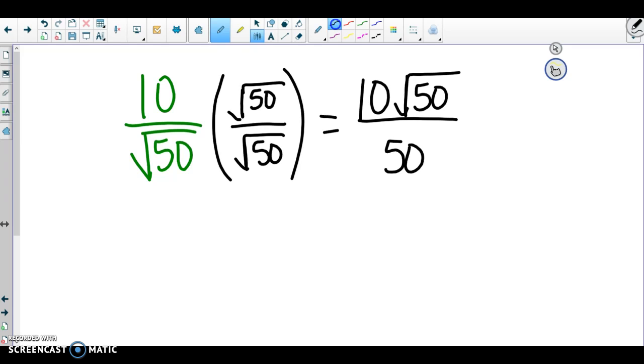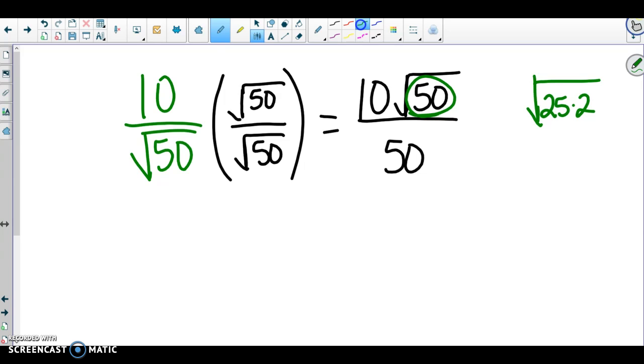Now I need to look for simplifying, and there's a couple of different places I can simplify at this point. So if I take a look, this can be simplified as well. There, we have to check and see, is there a perfect square hidden under there? And there is, because it's the square root of 25 times 2, right?